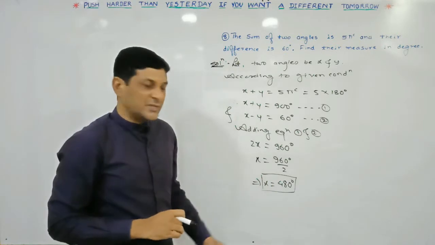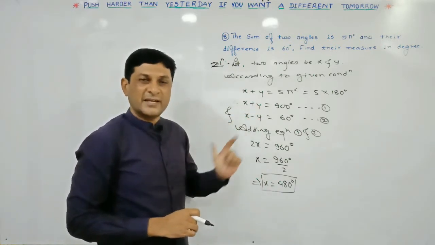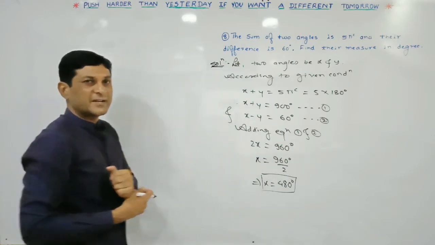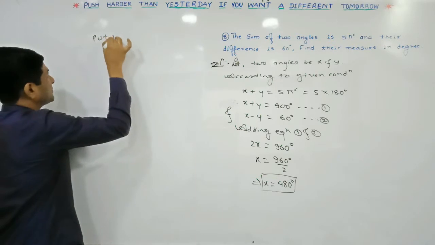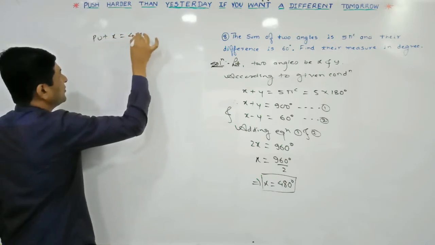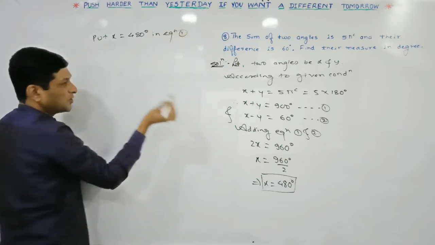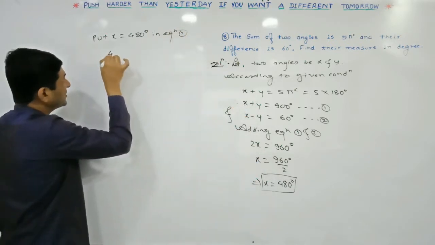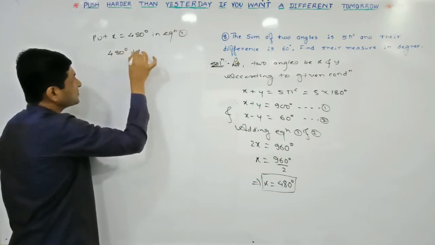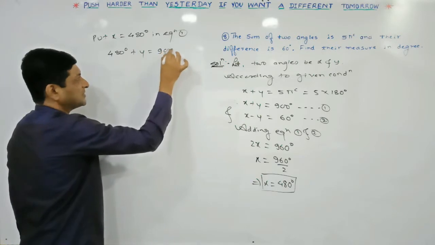If we are substituting this value of x either in equation number first or in equation number second, we are able to find out the second required value, that is y. So substitute x is equal to, means put x is equal to 480 degrees in equation first. Let us see what we will get. I am replacing this x by 480 degrees plus y, keep it as it is, and on the right hand side 900 also keep it as it is.